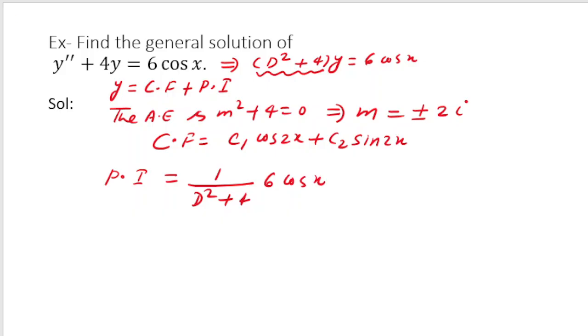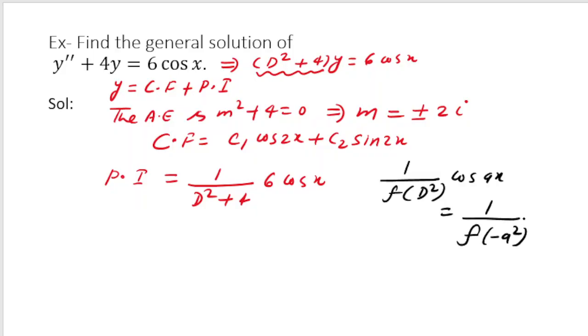So for your convenience I am rewriting the formula here. The formula that we have to apply is 1 by f(D square) of cos ax, and this is equal to 1 by f(minus a square) of cos ax. First of all, 6 is a constant, so 6 is taken out of the operator.